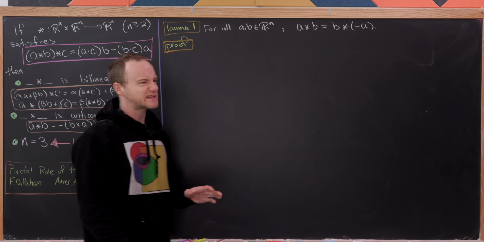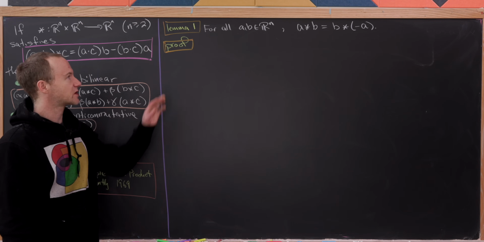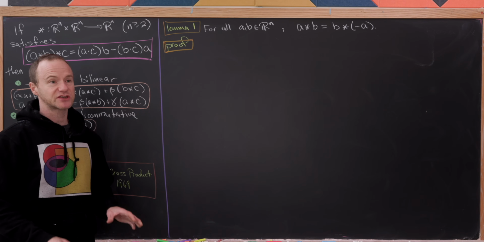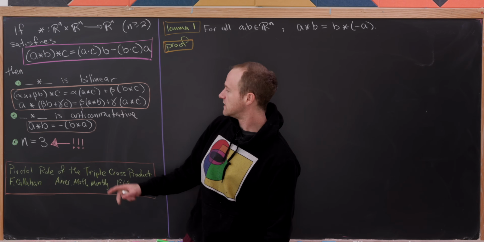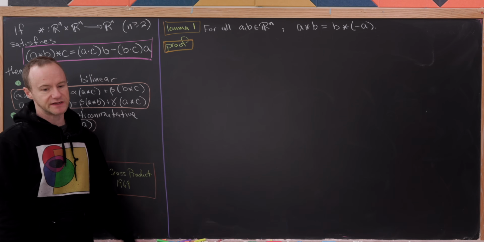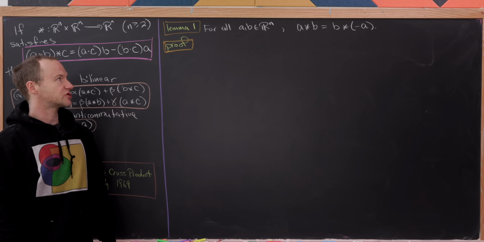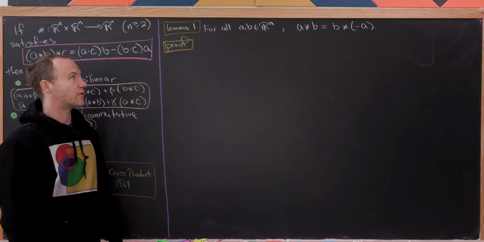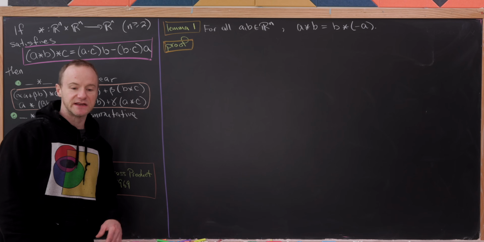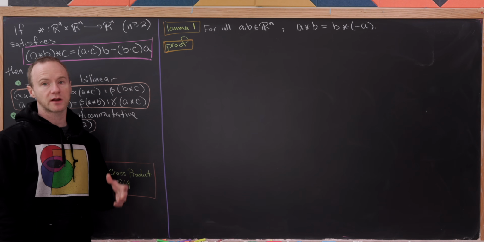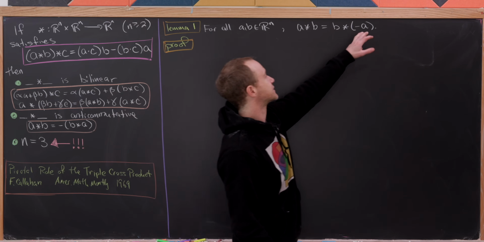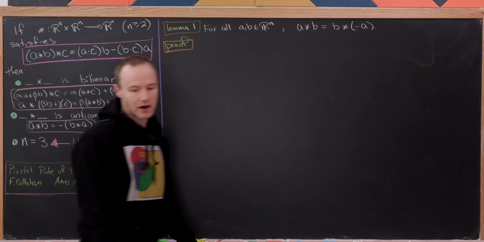Okay, so let's see how we might prove this. We're going to start with a lemma. And this lemma looks like it's towards this anti-commutative property, but it's actually going to be used to prove the linearity as well. So what we'll start showing is that for vectors A and B in Rn, we have A star B is equal to B star negative A. So observe that I don't know linearity here, so I can't bring this minus sign out.